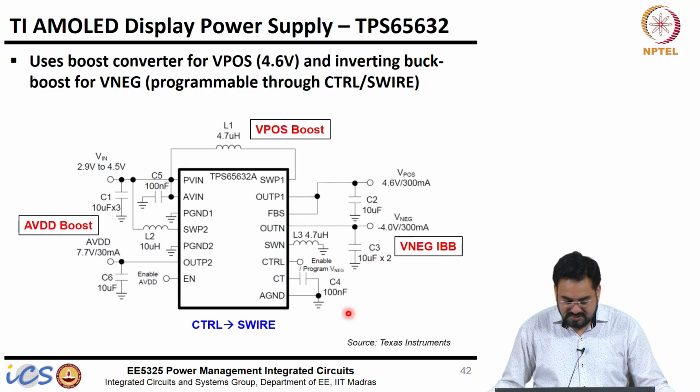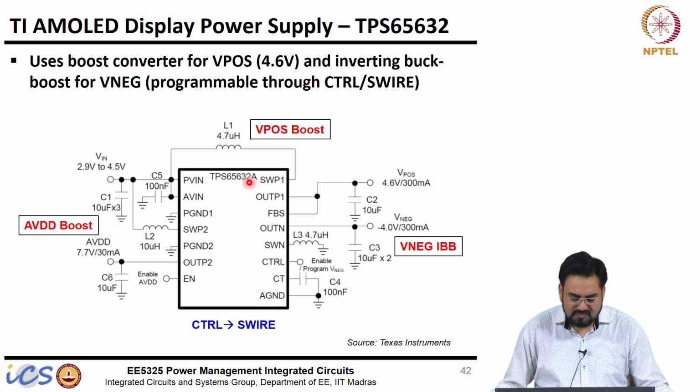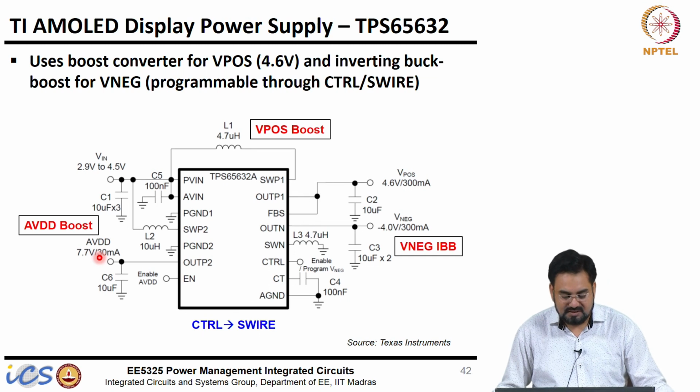This is again a TI part, TPS65632, which is used in most of the phones. It has 3 supplies, as we can see here. On the left hand side AVDD boost, 7.7 volt, 30 milliamp. This only supplies the analog supply, so it does not require very high current.